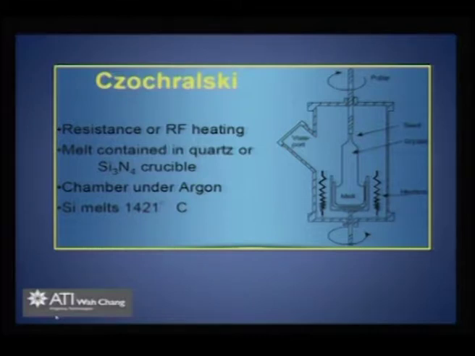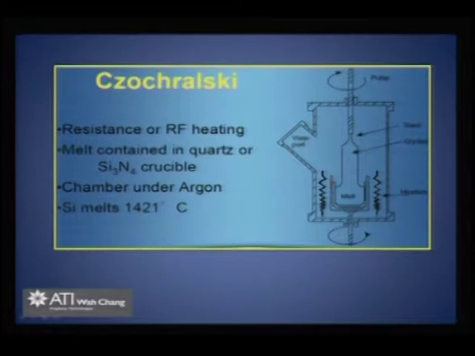To grow a crystal where half of it becomes waste cannot be a viable process, but with the Czochralski method, 3/4 of the feed that you are melting can be realized as a single crystal. Therefore, this is a very popular method, and the design of a Czochralski method is like this.